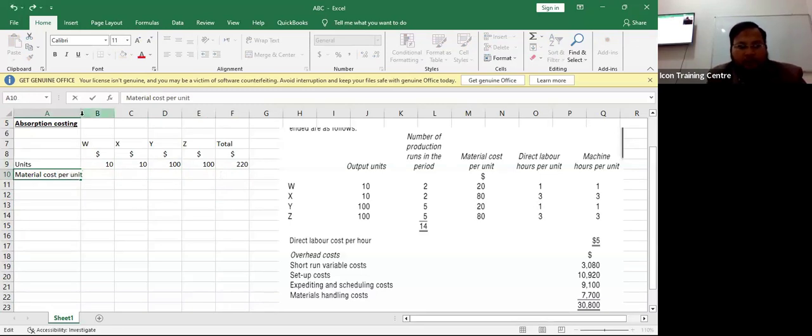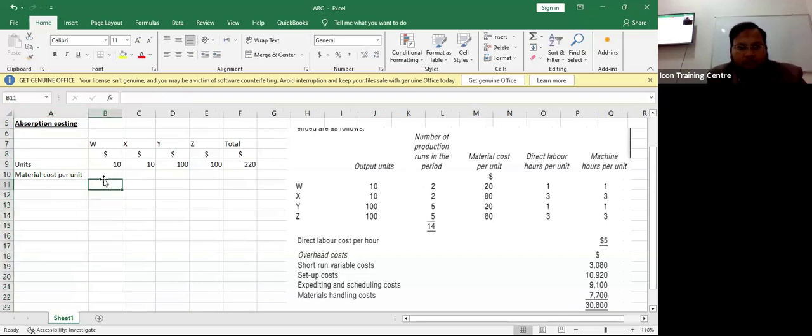Now material cost per unit, we have in the question: 20, 80, 20, 80. So we can take total material, right? Total. Okay, rather we should write first.